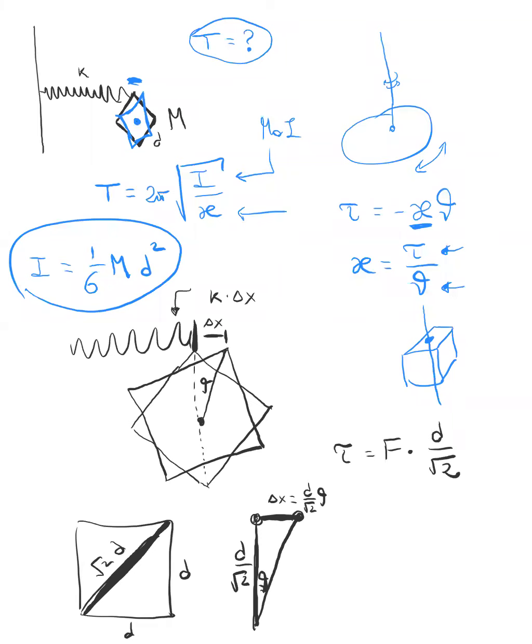And my restorative force will be k, where k is the stiffness of the spring, times delta x, d divided by the square root of 2 times theta. Okay, so let me plug this into my torque. For the torque, I then have negative k d squared divided by 2 times theta.